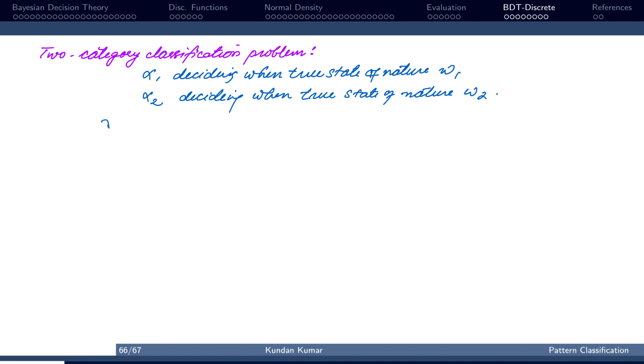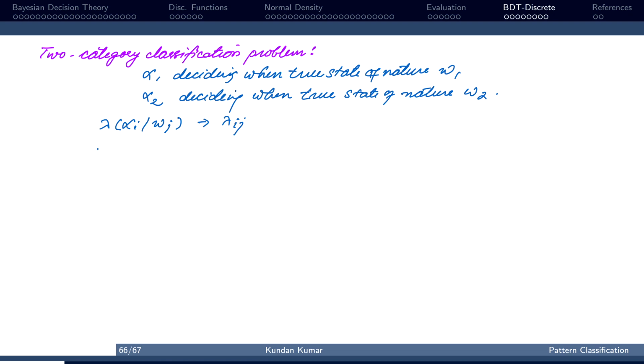So here we can write lambda of alpha i given omega j, which is the loss incurred for deciding action alpha i when the true state of nature is omega j. So we can write this as lambda ij for notational convenience.